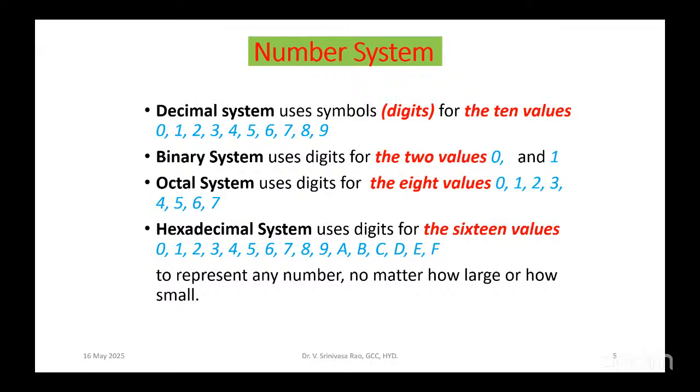Then 10 in the hexadecimal system may be written as capital A, 11 is B, 12 is C, 13 is D, 14 is E, 15 is F. Okay. And also, if you want to represent any number, no matter how large or how small, you can easily represent it.